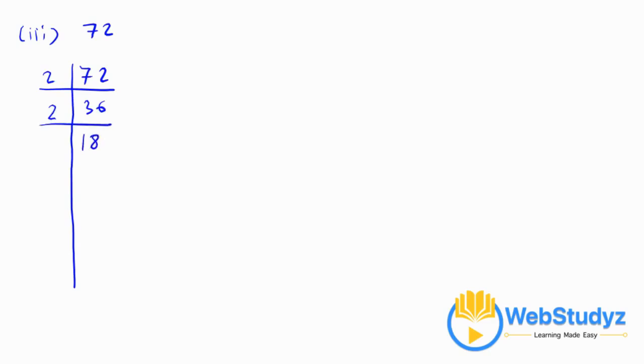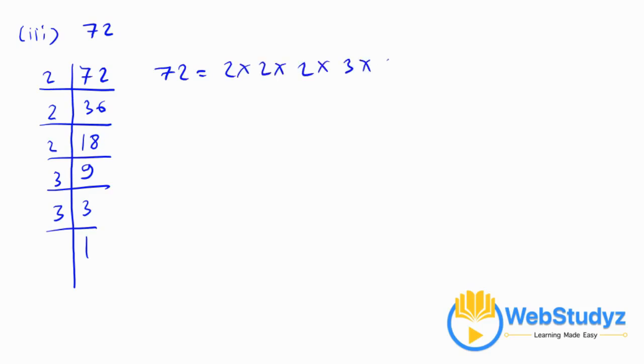which is 72. So taking the LCM of 72, dividing it by 2, we get 36. Again dividing by 2, we get 18. Again dividing by 2, we get 9. Again dividing by 3, we get 3. Again dividing by 3, we get 1. So factors of 72 will be 2 into 2 into 2 into 3 into 3.